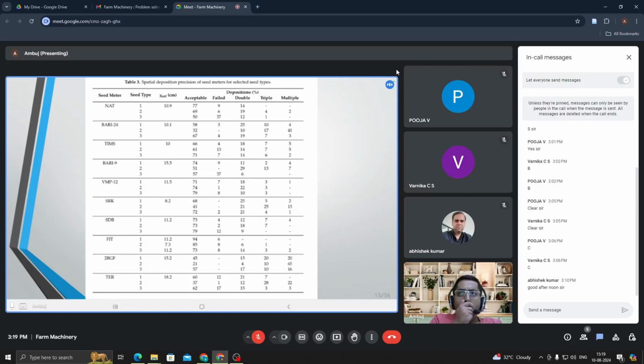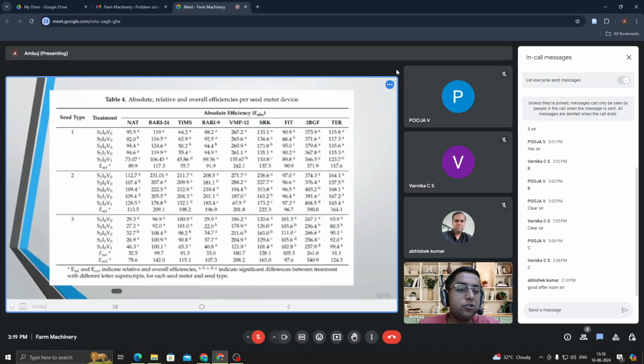For three different seed types, they have taken this x referential, the x-axis length, and with respect to that they have measured the failing percentage, how many seeds we are not able to reach from the seed tube. Based on that we have calculated the efficiency.